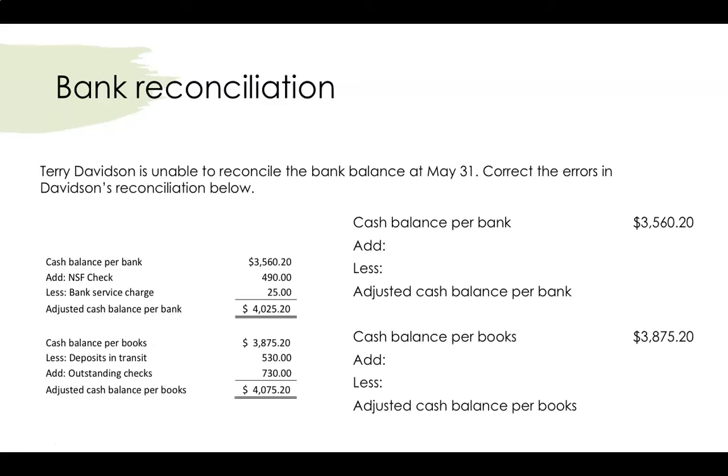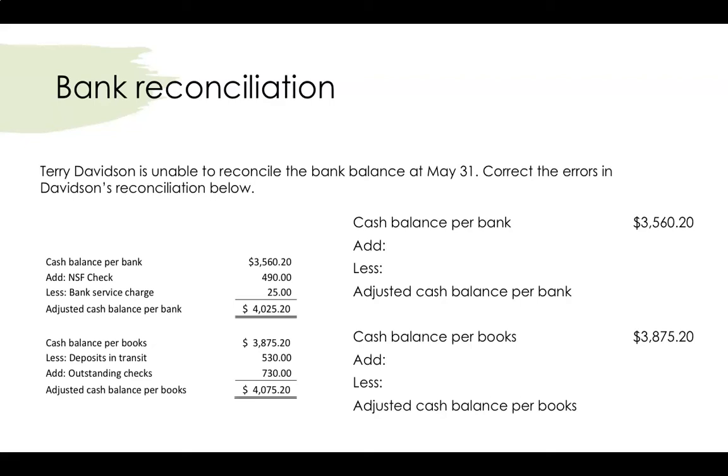So we're going to set up our reconciliation like this. We separate it between the per bank side and the per book side. And then each side can have some things added to it and things subtracted from it. How we're going to go about this is we need to think about what this side doesn't know.